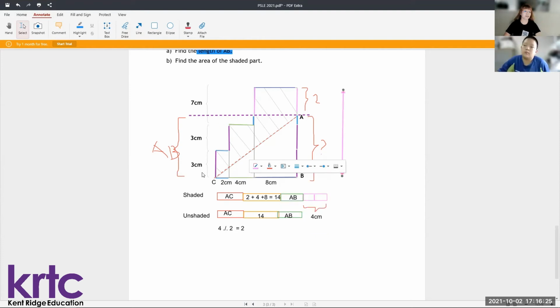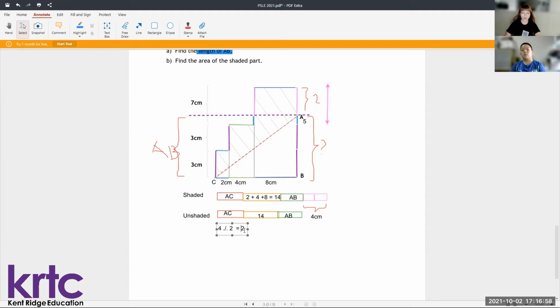So the total height, remember here, this part here shows 7. So if this shows 7, this little part here will be 5. This will be 5.